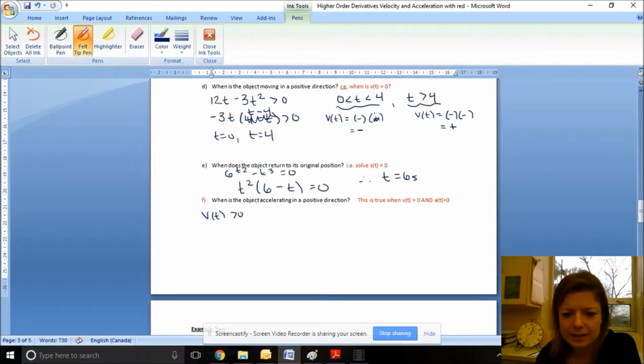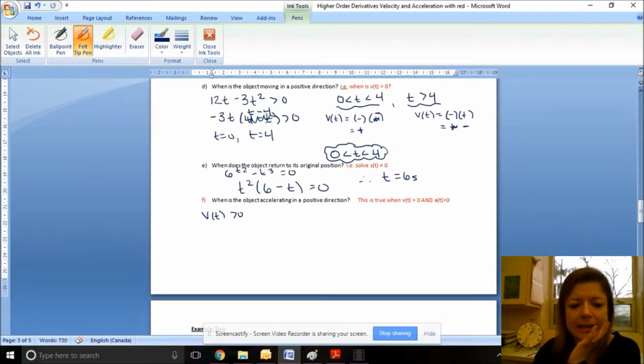So this here is a negative, and this is a positive, and this is a positive, and this is a negative. So the object is accelerating between 0 and 4 seconds. That's my problem, because I factored out a negative 3t. I made a mistake, so that means after I factor out a negative 3t, this should be negative 4, and this should be positive t. So then I just rearranged it.